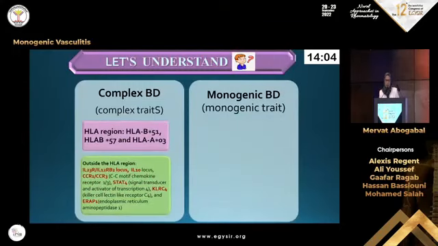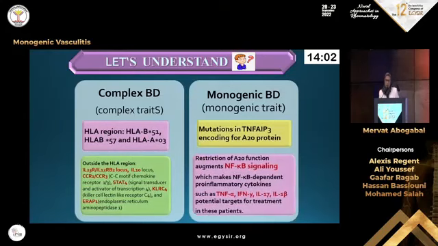This means that, as I said, Behçet disease, the complex form, is associated with multiple gene variants, whether in the HLA region, like HLA-B51, HLA-B57, HLA-A03, or outside the HLA region, like the interleukin-23 receptor, interleukin-12 receptor, and the interleukin-10 locus, and so on.